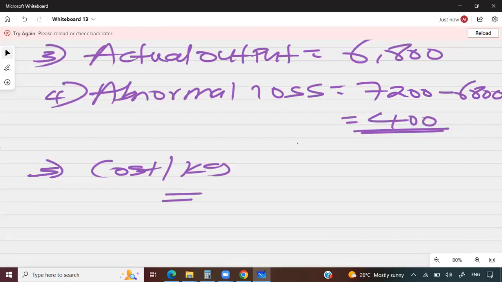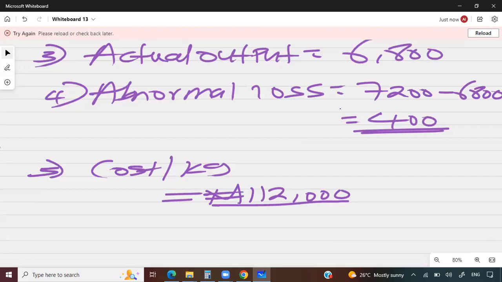The cost is 112,000, divided by how many units are we expecting?